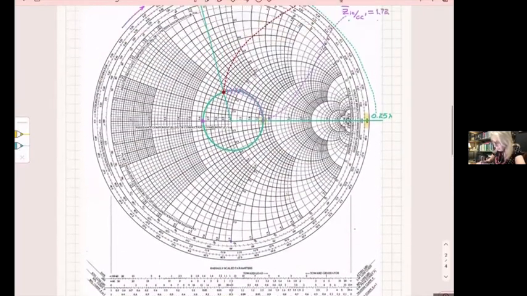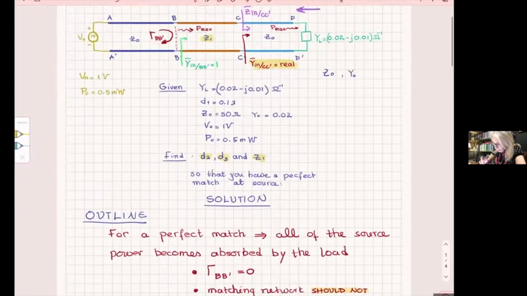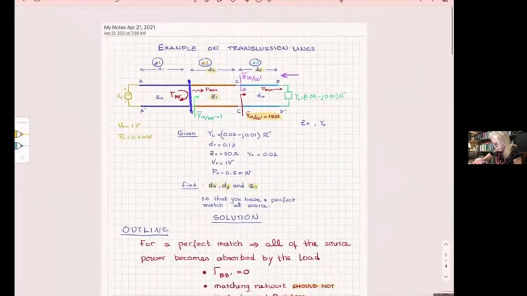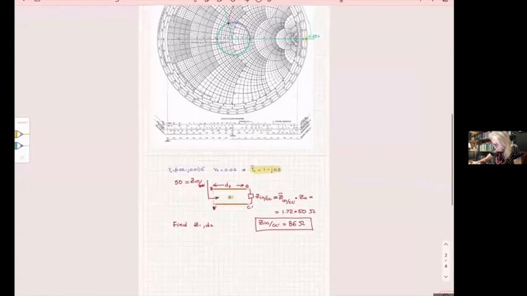Because if it becomes 50 ohms, then I will be here at this end of the line with a 50 ohm load. And the line is 50 ohms characteristic impedance. So practically I have a perfect match right there. How do I do the perfect match?